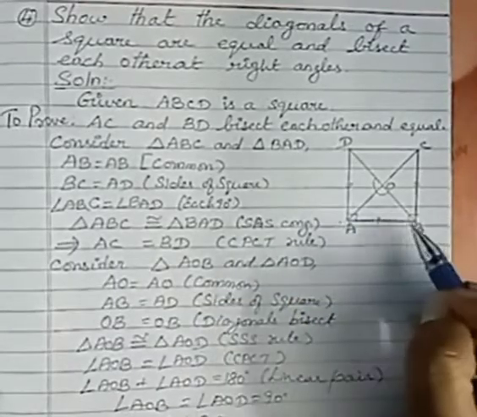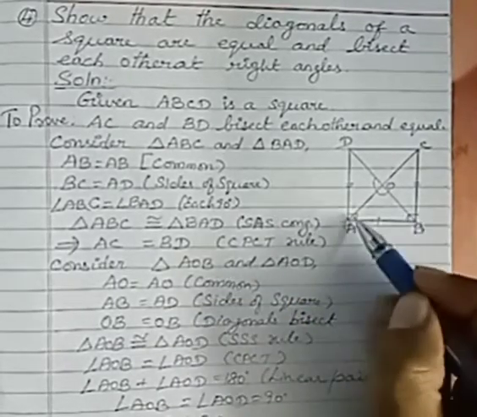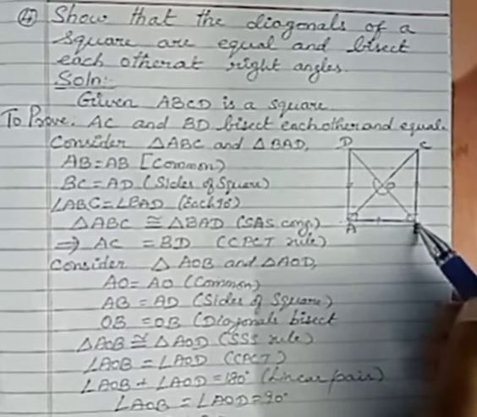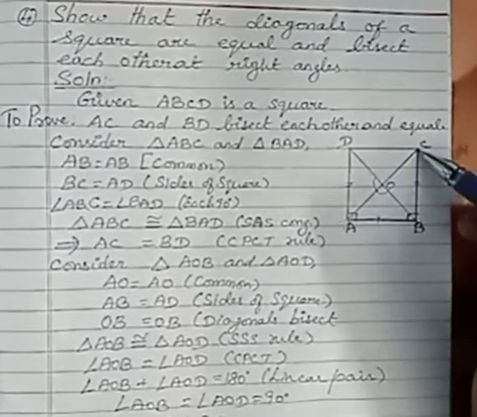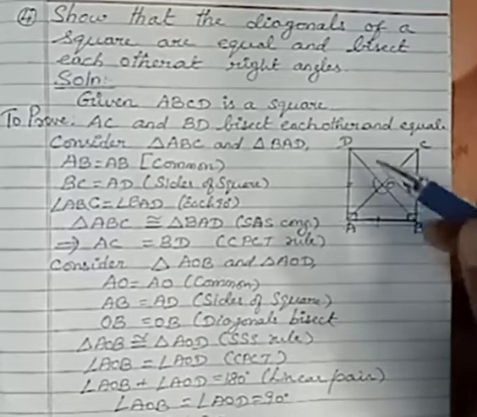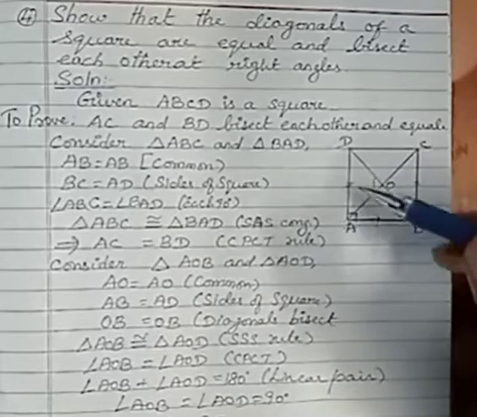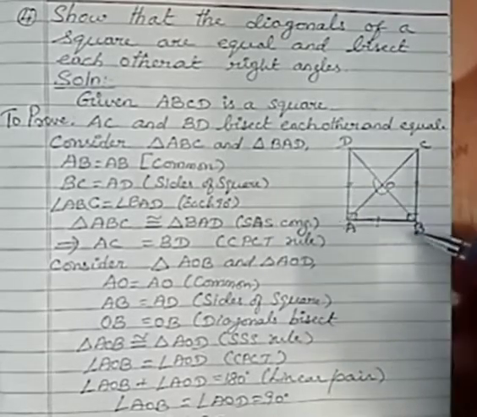Also angle ABC is equal to angle BAD. So we are talking about the side AB, side BC, and the angle ABC of the triangle ABC. So side, angle, side. When you consider the triangle DAB, we are talking about the side AB, the side AD, and the angle BAD.